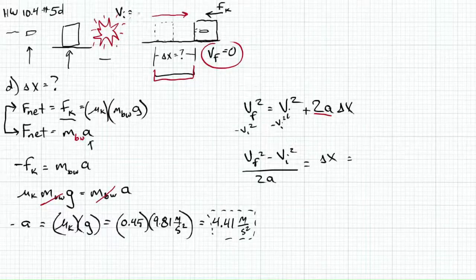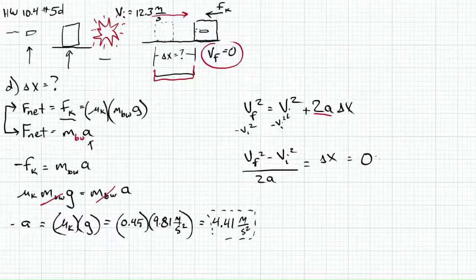So that's the answer for part A, which should be 12.3 meters per second. I probably shouldn't have boxed that. But that's our initial velocity after the collision.